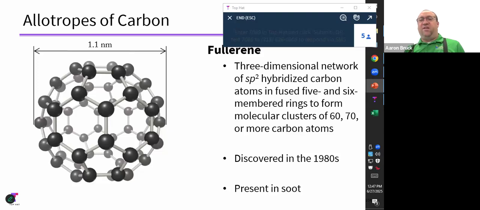They were originally discovered in the 1980s and found in soot, but they became kind of a foot in the door for nanotechnology. If you look at the footprint here, this soccer ball arrangement is roughly 1 nanometer in diameter.